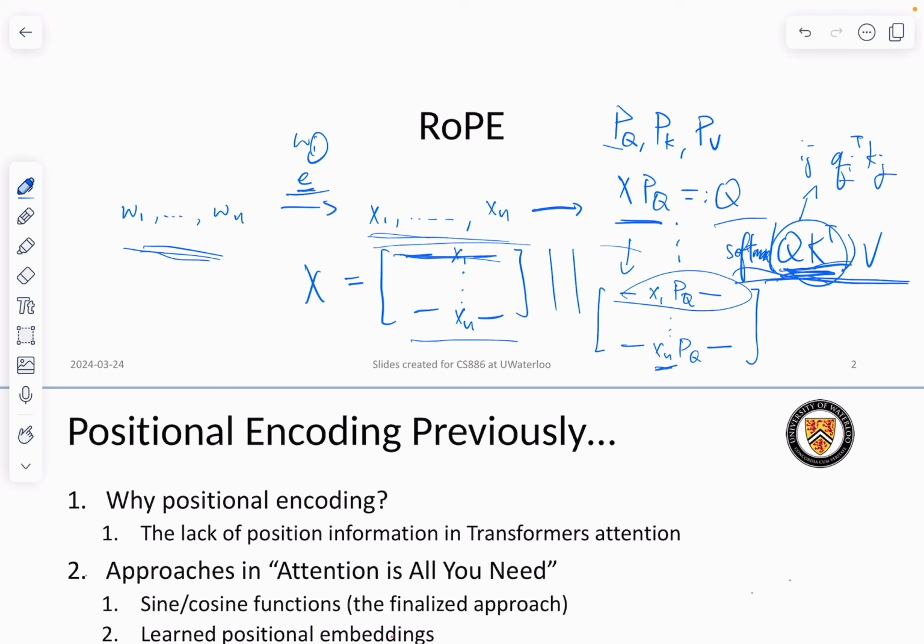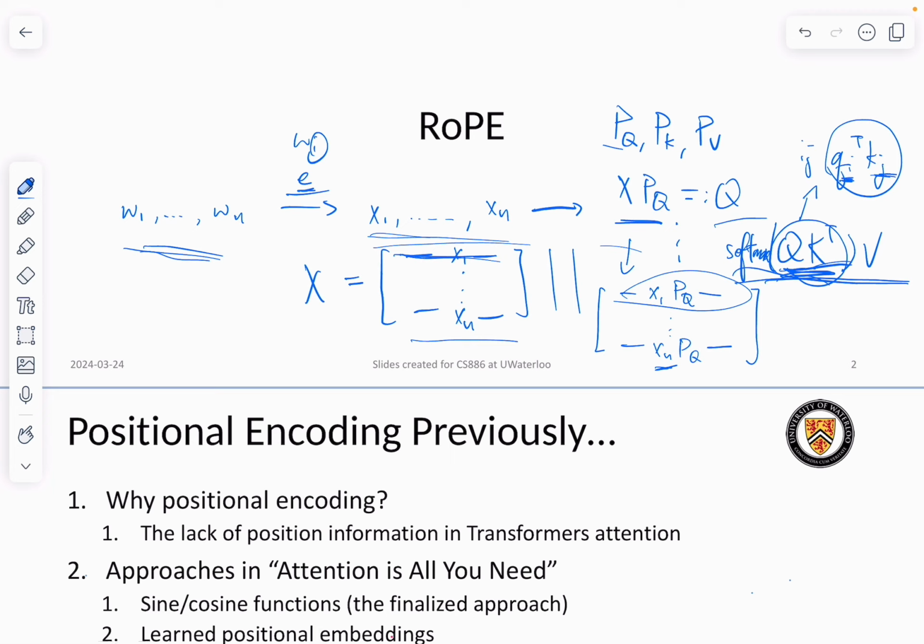For i and j that are far apart, this signal doesn't matter so much. But for i and j that are close, this signal matters a lot, and we want to convey this relative position information into the transformer. So yeah, that's the idea.